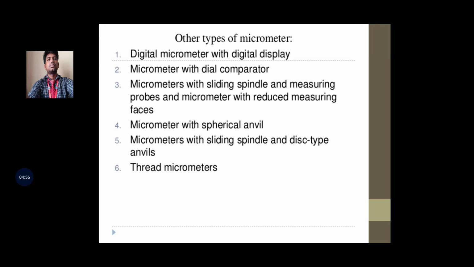Next we see the other types of micrometer. These are the digital micrometer with digital display, micrometer with dial comparator, micrometer with sliding spindle and measuring probe, micrometer with reduced measuring face, micrometer with spherical anvil, micrometer with sliding spindle and disc type, and thread micrometer.